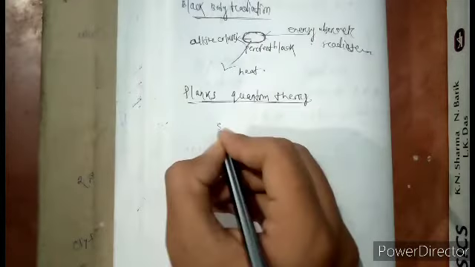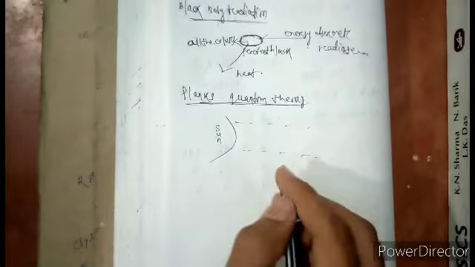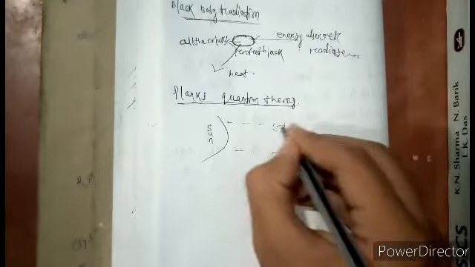According to Planck's quantum theory, the energy comes from the sun in the form of discontinuous energy, in the form of photons, that is called energy packets. Okay, if this is the sun, then these are the photons.